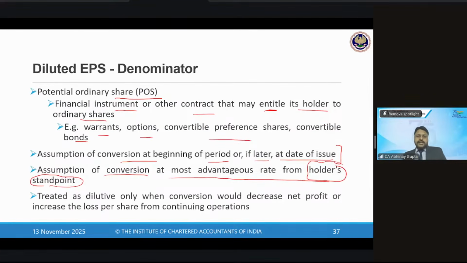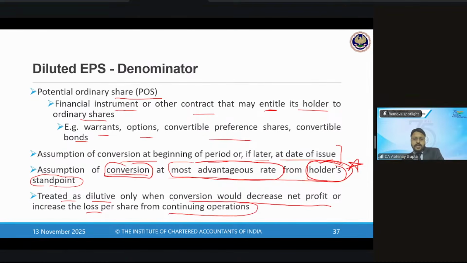So what does the standard say? The standard says assumption of the conversion at the most advantageous rate from the holder's standpoint. So always remember, from the holder's standpoint. Then another item: treated as dilutive only when conversion would decrease the net profit or increase the loss per share from the continuing operations.